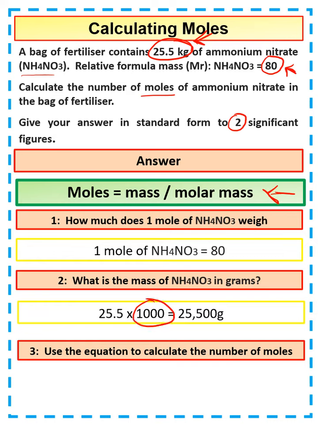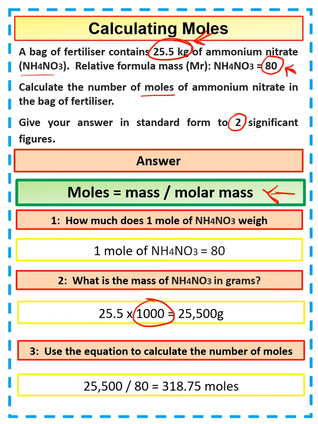And then finally, we're going to use our equation to work out the number of moles. So we're going to go with that 25,500 that we worked out, and the 80 that we've got from there, which gives us 318.75 moles. If you follow this simple way to work it out, you should get it right every time.